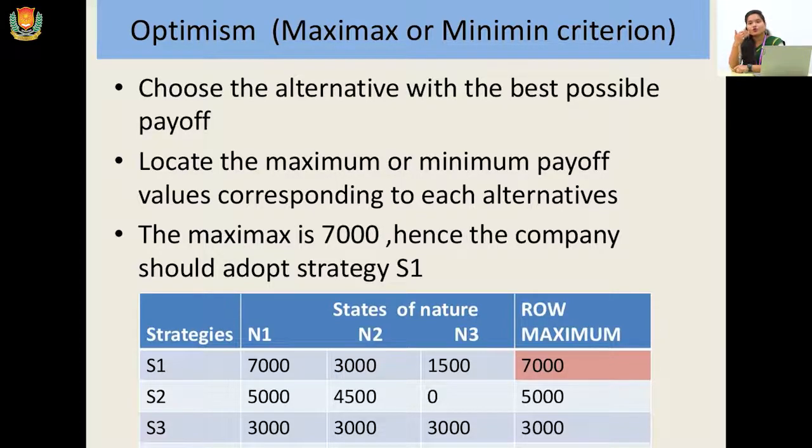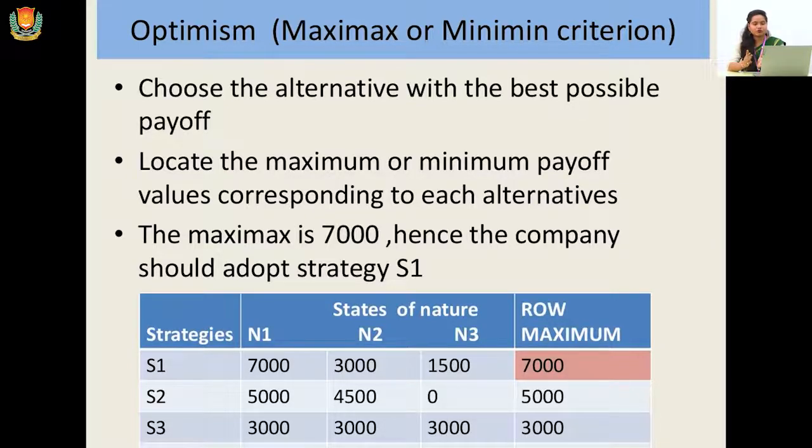Whenever you solve these problems of decision making, according to the row concept, you opt for the maximum value from all the rows, but for the columns you take the minimum value from all the columns. So we have three strategies here, and three states of nature are given, by which we calculated the row maximum.